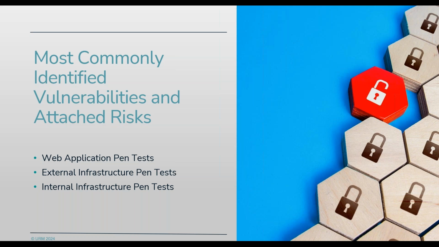We've prepared a list of the top 10, 11 vulnerabilities that we've raised during our tests. And we've seen that, due to the market size and the number of tests we do in this area, the most common vulnerabilities are identified within the web and the external and infrastructure penetration tests.